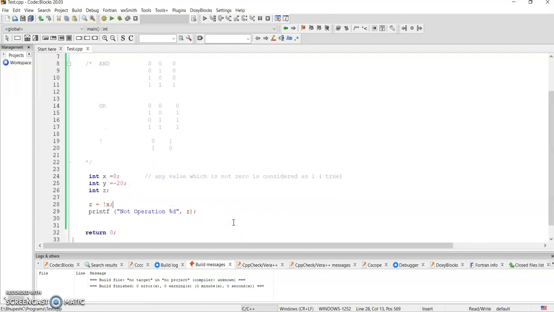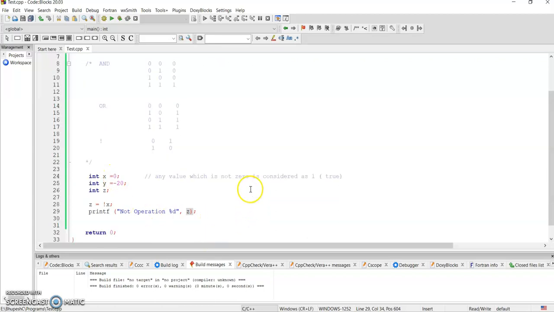With AND, if x is 20 and y is also 20, we get 1 only. With x equal to 20 and y equal to 0, AND gives 0, but OR gives 1. For NOT with x equal to 0 we get 1, and if x is 20 or minus 20, NOT of x is 0.